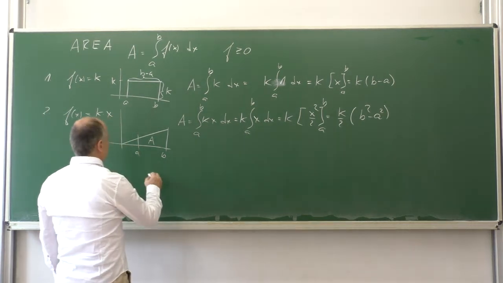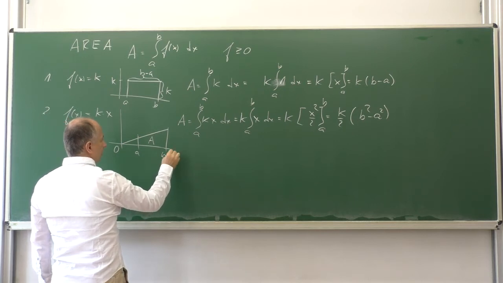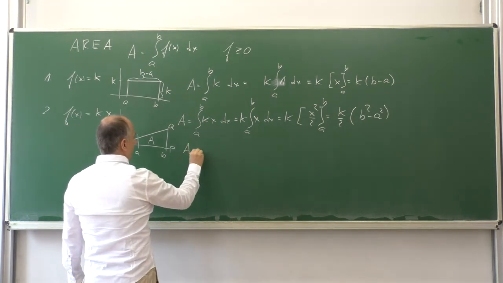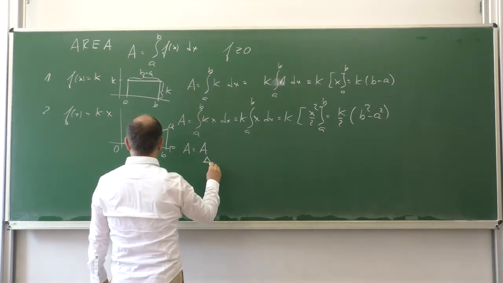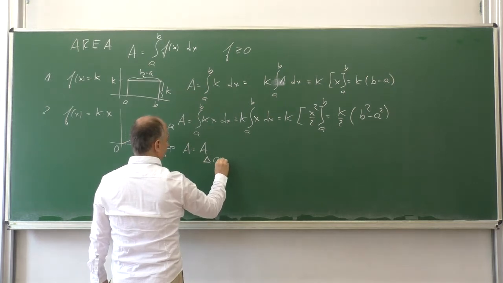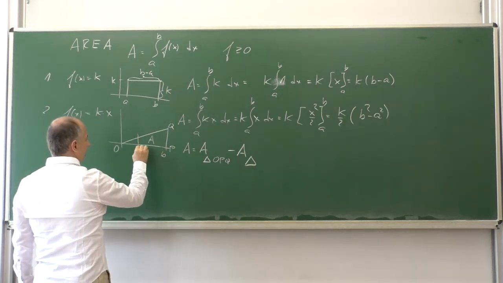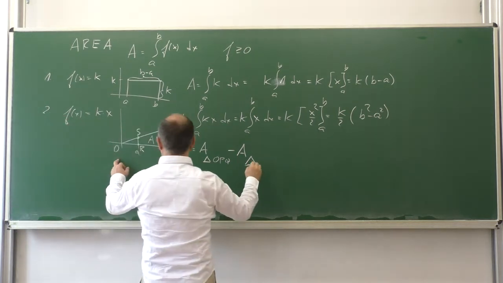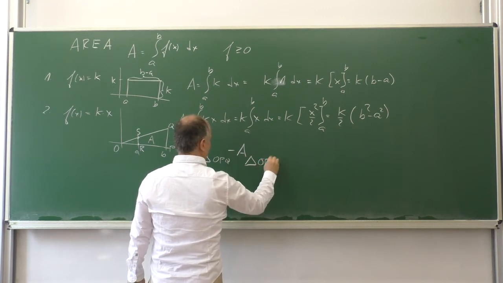And the large triangle, if we denote this O, and if we denote this P and Q, then the area A is the area of the triangle OPQ minus the area of the triangle, and let's call it R and S, these 2 points, and this small triangle is ORS.